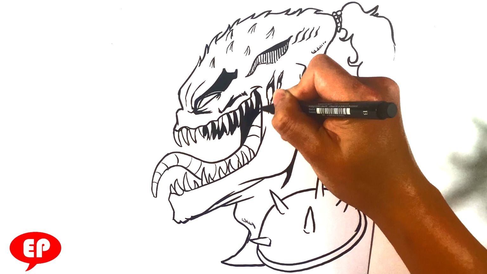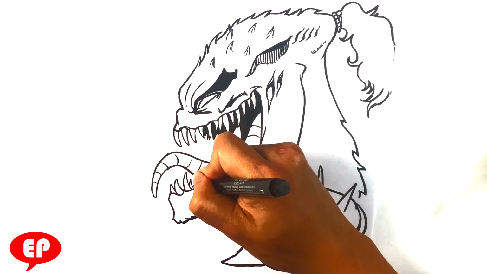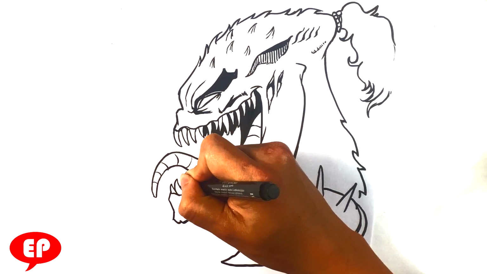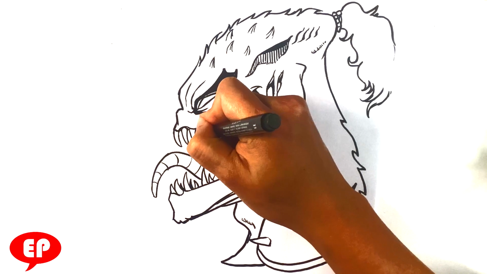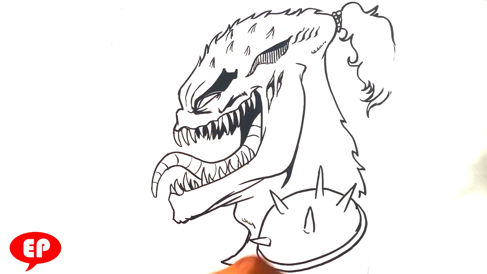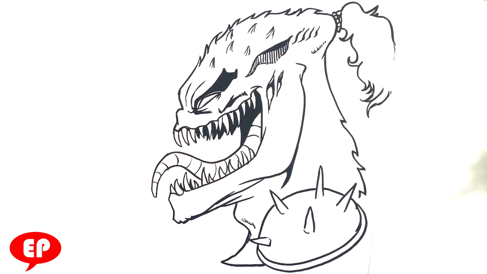Almost always. Put some teeth back here in the far side over there to make it look a little bit more dimensional. Here, again, putting some teeth over here to really push into that.